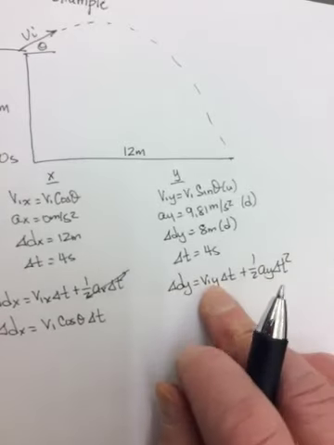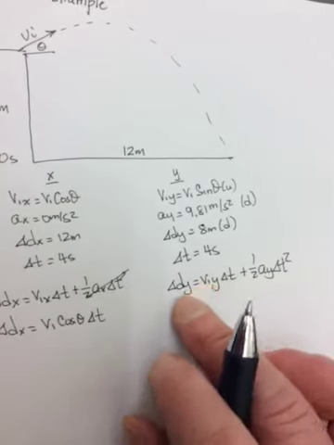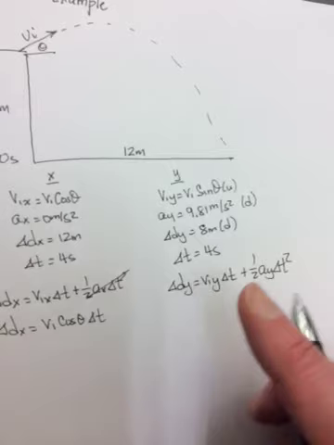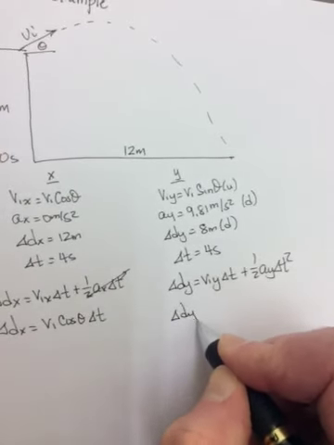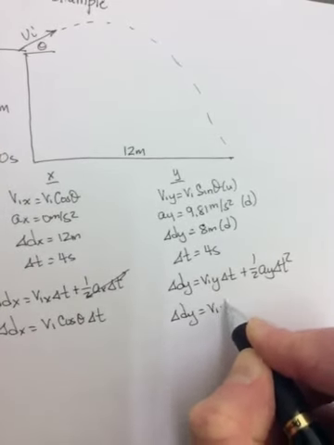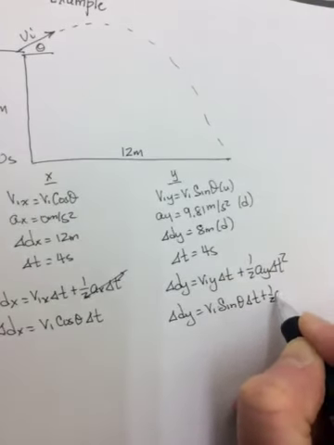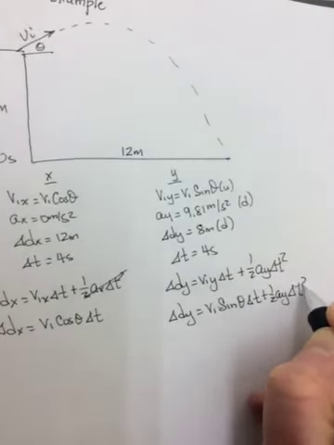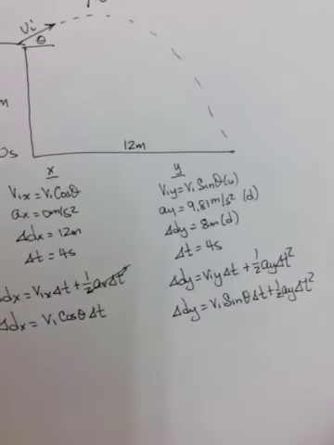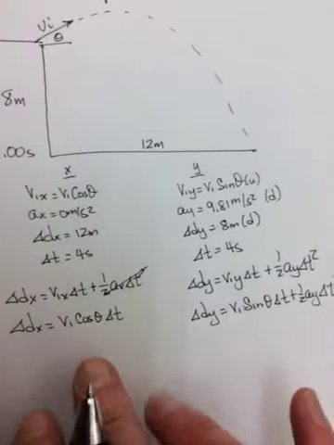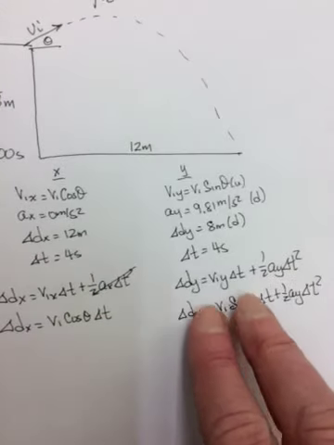And you could actually find this here. The only thing you don't know in this equation is VIY. But if you expanded it out into VI sine theta delta t plus 1/2 AY delta t squared, now you can't solve it. You have two unknowns. So I really wanted to show you this to explain there are different ways you could solve.